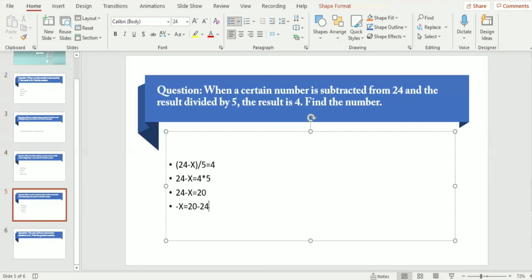So we have minus x is equal to 20 minus 24. Now we have minus x is equal to minus 4. But we know that this minus is going to cancel out with this minus, and it becomes x is equal to 4. So our answer is 4.